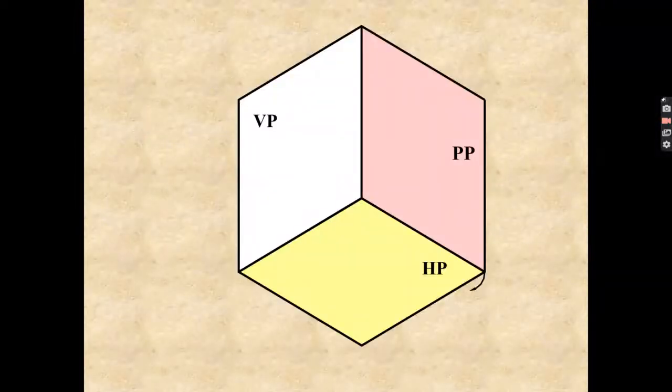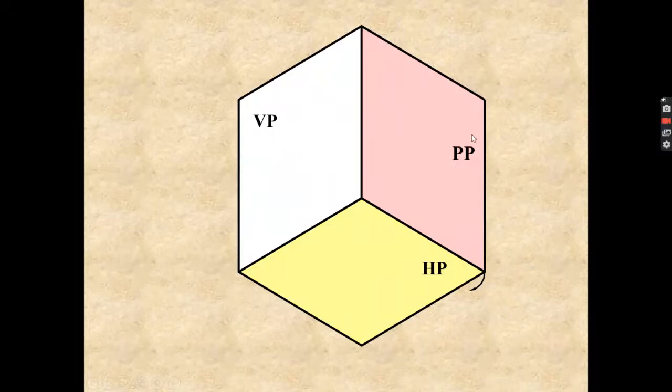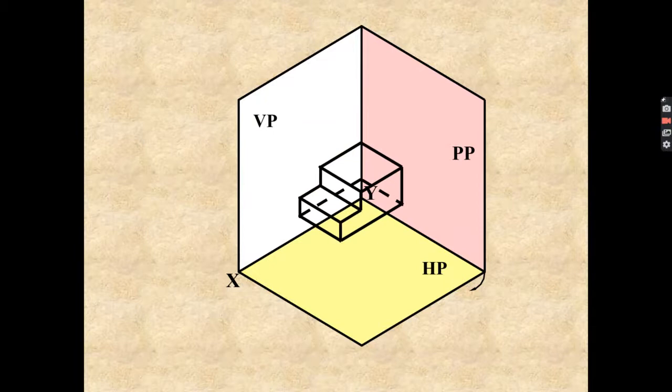So here you can see there are three different planes. This is the vertical plane, this is the horizontal plane, and this is your profile plane. Suppose the vertical plane and horizontal plane are cutting each other, that line is called the reference line, and we denote it as the XY line.